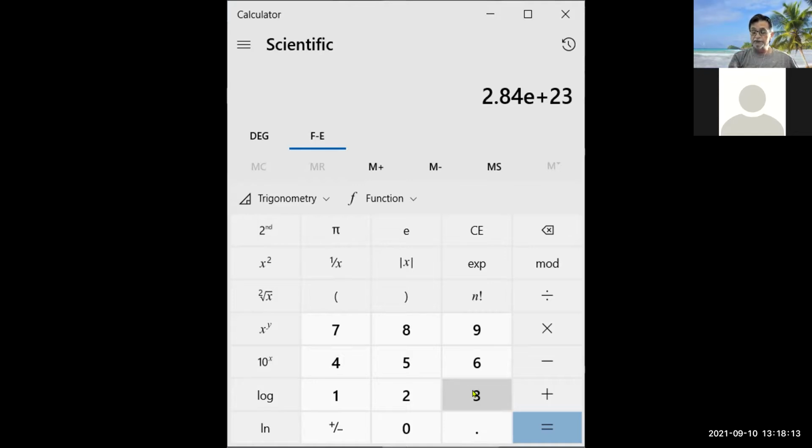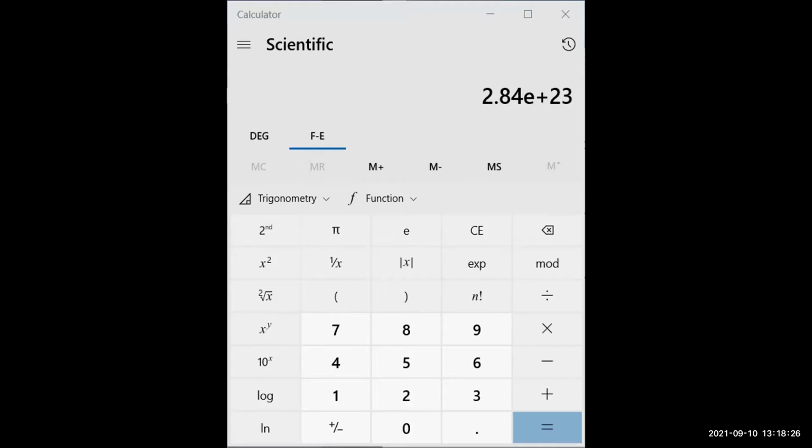The E represents the times 10 to the, let me see if I can write that down. This part right here represents times 10 and then to the 23rd.